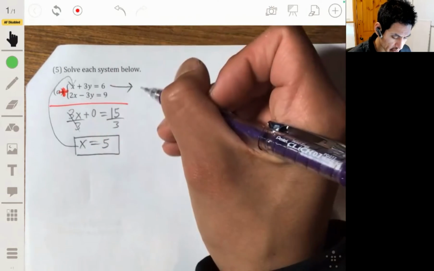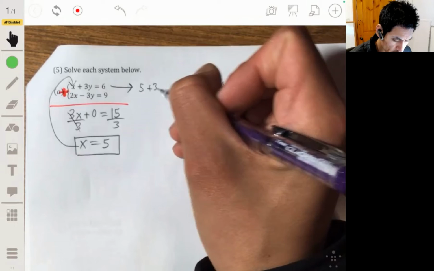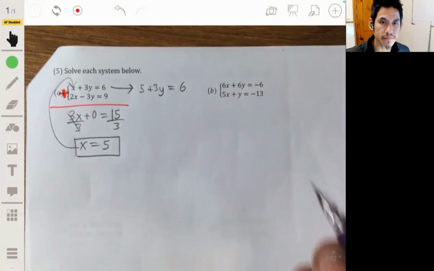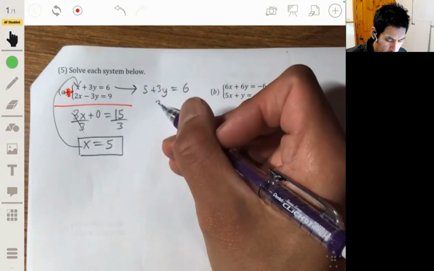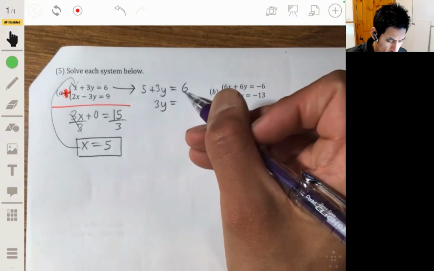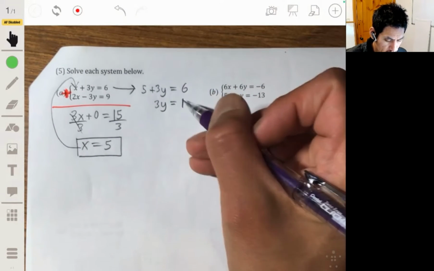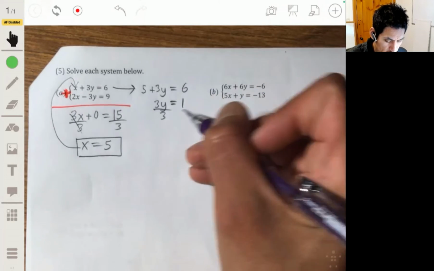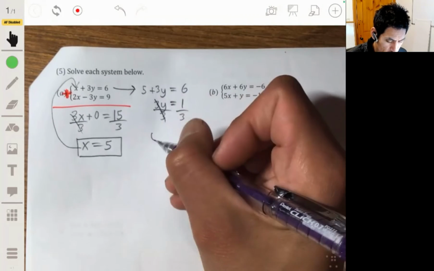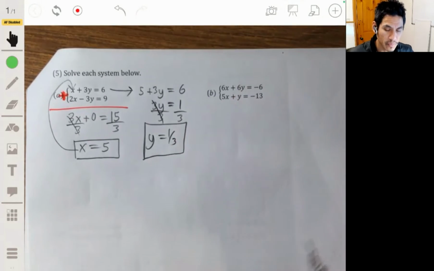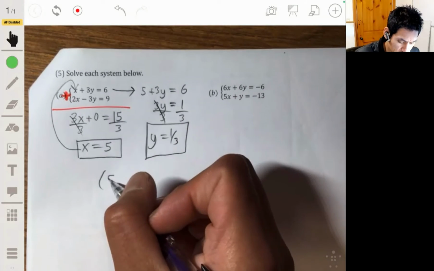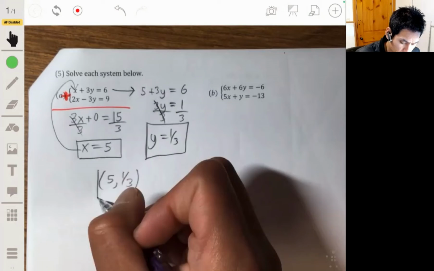And here I'll get 5 plus 3y equals 6. And then I just solve for y. Take away 5, 3y equals 6 minus 5, or 3y equals 1. Divide by 3, I get y is 1/3. As an ordered pair, my solution is 5, 1/3.